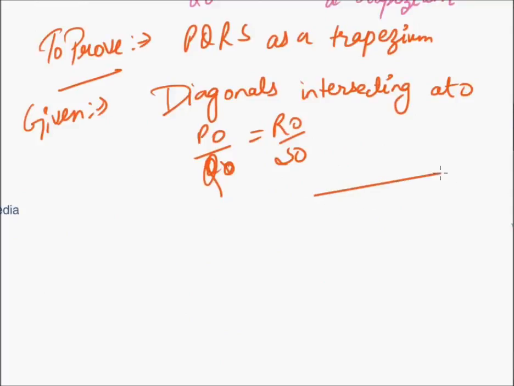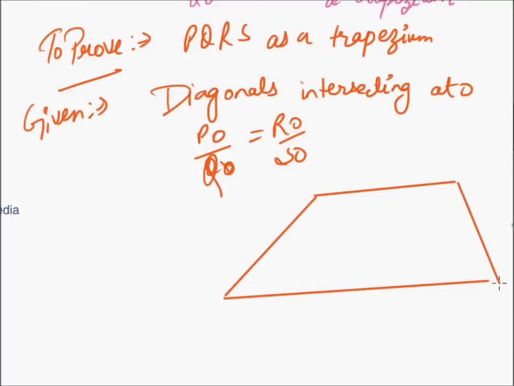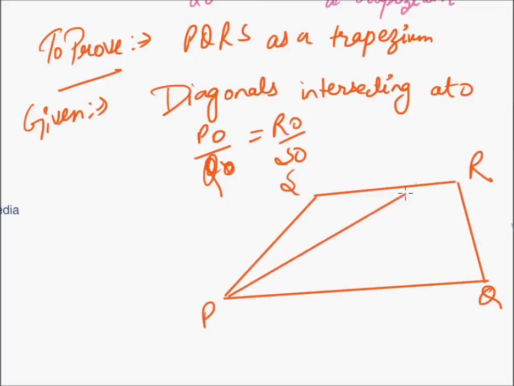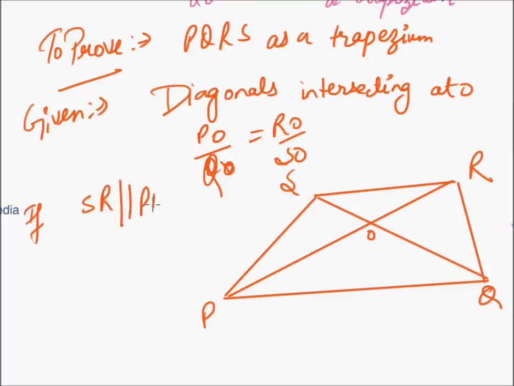So let a quadrilateral be like this: P, Q, R and S. The diagonals are intersecting at O. Now we need to prove that PQRS is a trapezium, or we can say, if we are able to prove that SR is parallel to PQ, then PQRS can be shown as a trapezium.